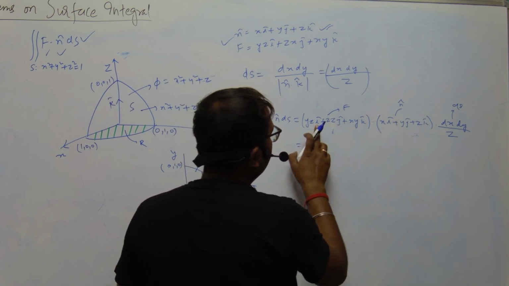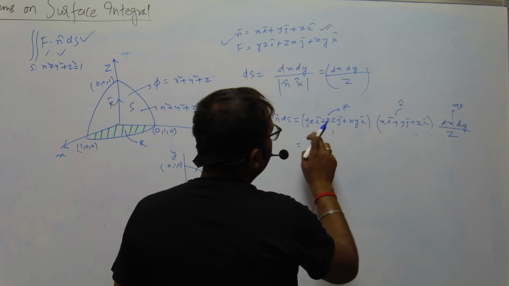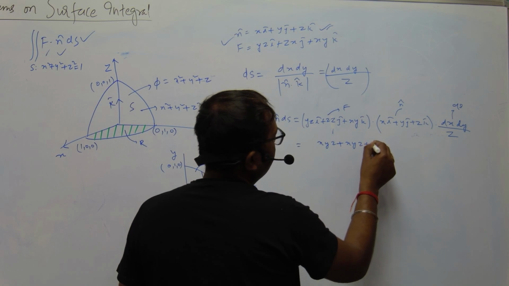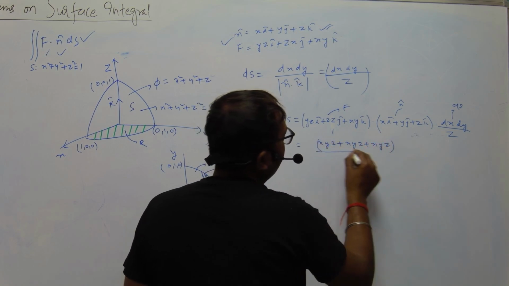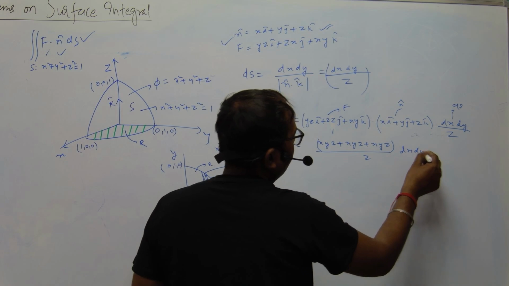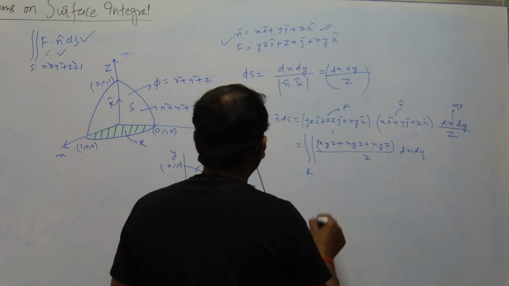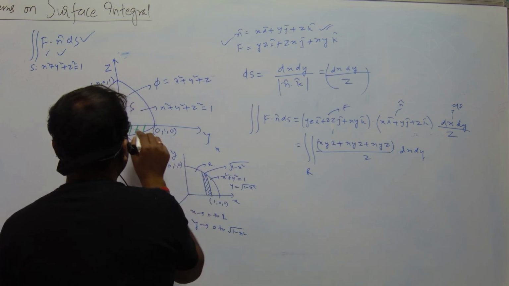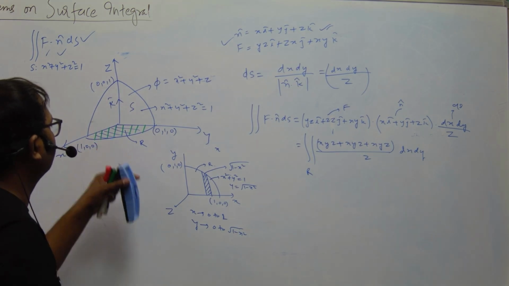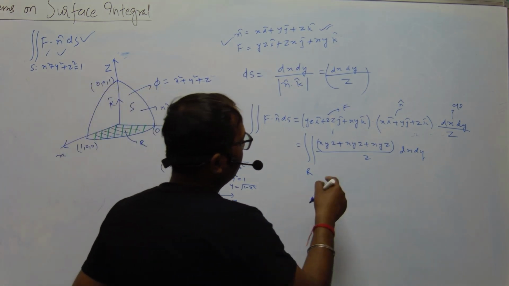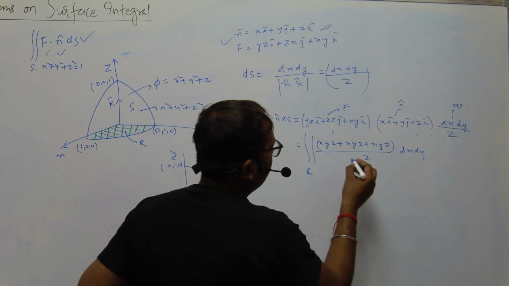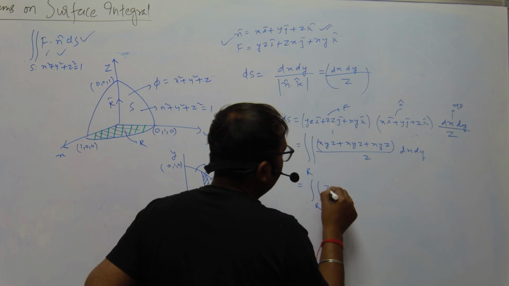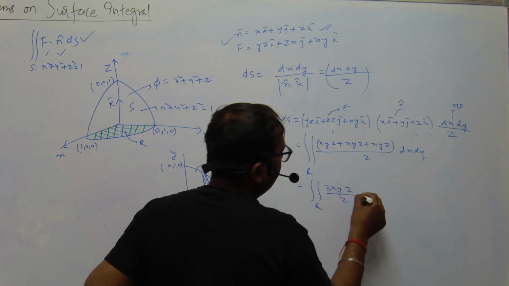Let us multiply the terms containing i. This is xyz, similarly plus xyz plus xyz, upon z dx dy, integration along the region R. So this is 3xyz, equal to the double integral along the region R of 3xyz upon z dx dy.